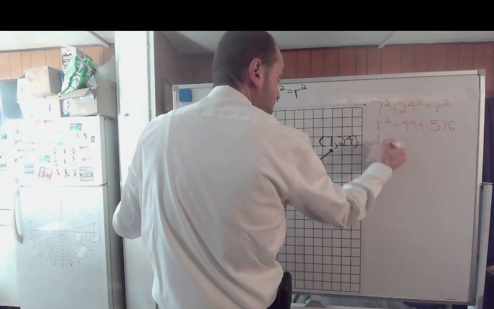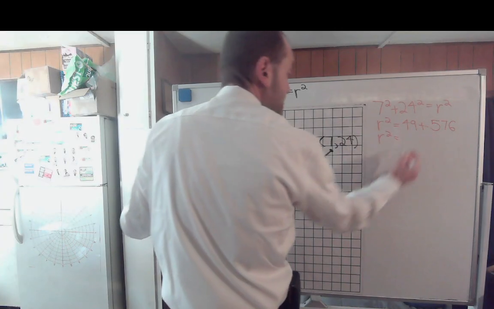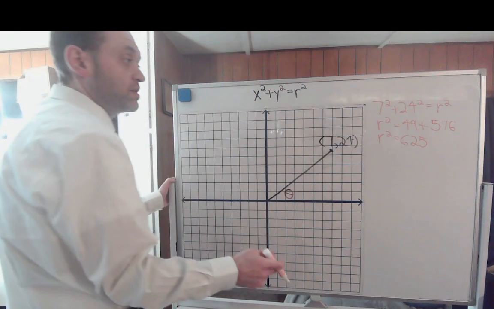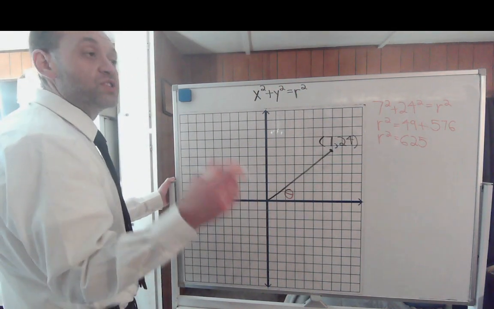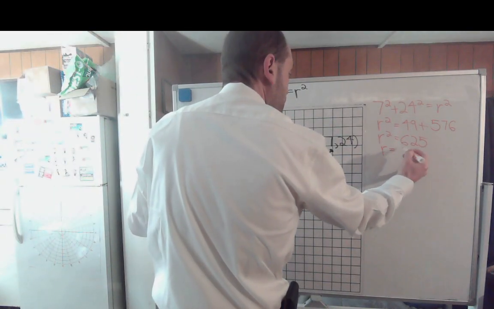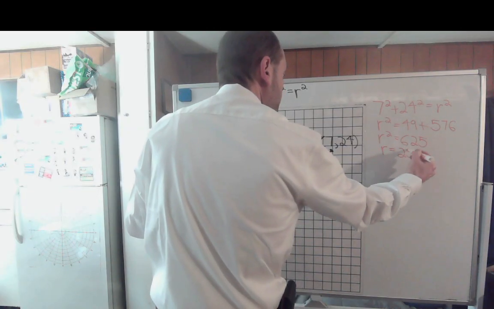Which then means that r squared would be 625. And since it's a length, the radius specifically is always positive. So the radius in this case would end up being 25.